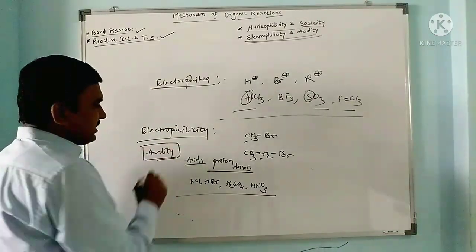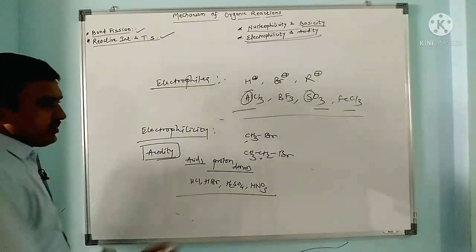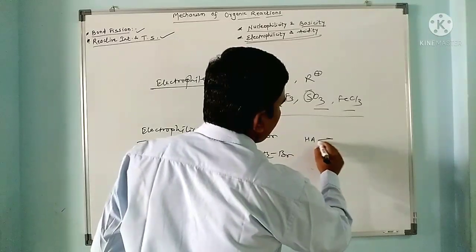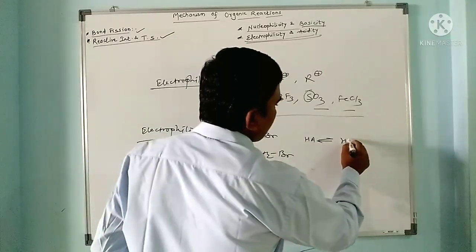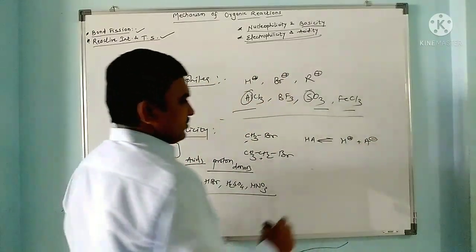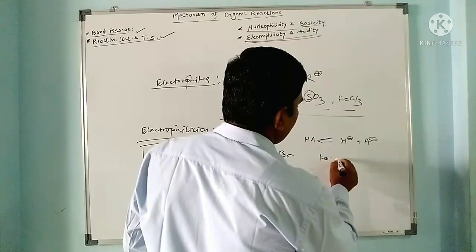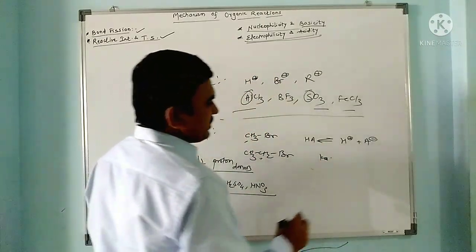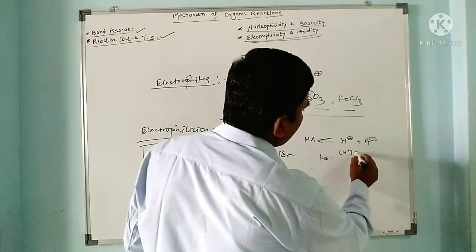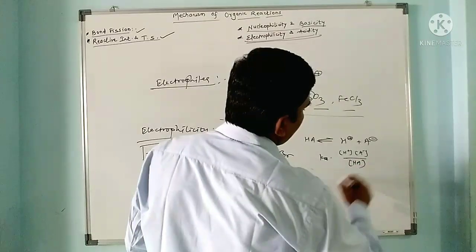Acidity again depends on equilibrium. If you take the example of HA, suppose this is any acid, it undergoes dissociation and gives H plus and A minus, a cation and an anion. From this we can find the dissociation constant of the acid, Ka, which is the concentration of H plus times the concentration of A minus upon the concentration of HA.